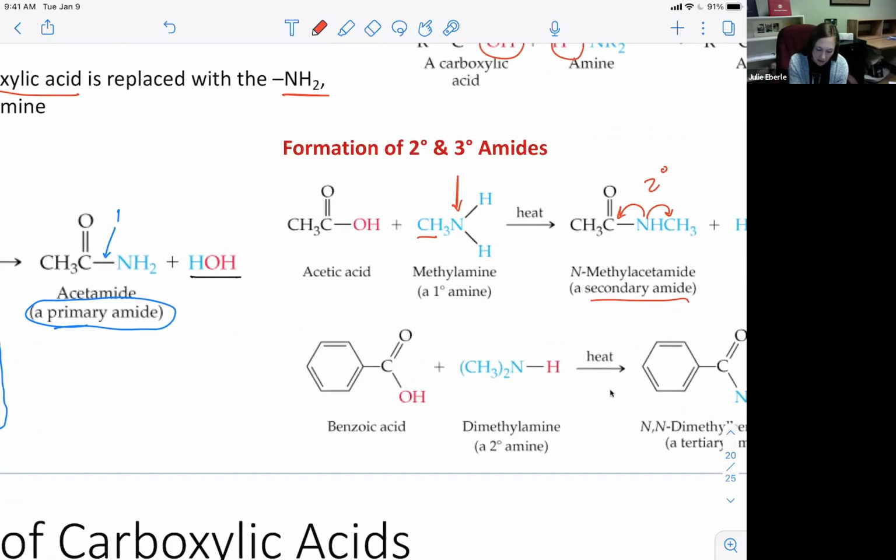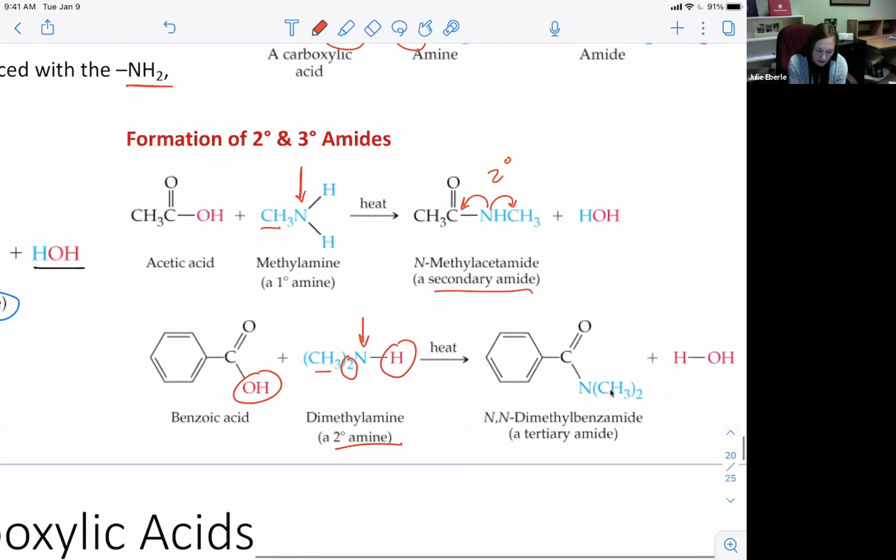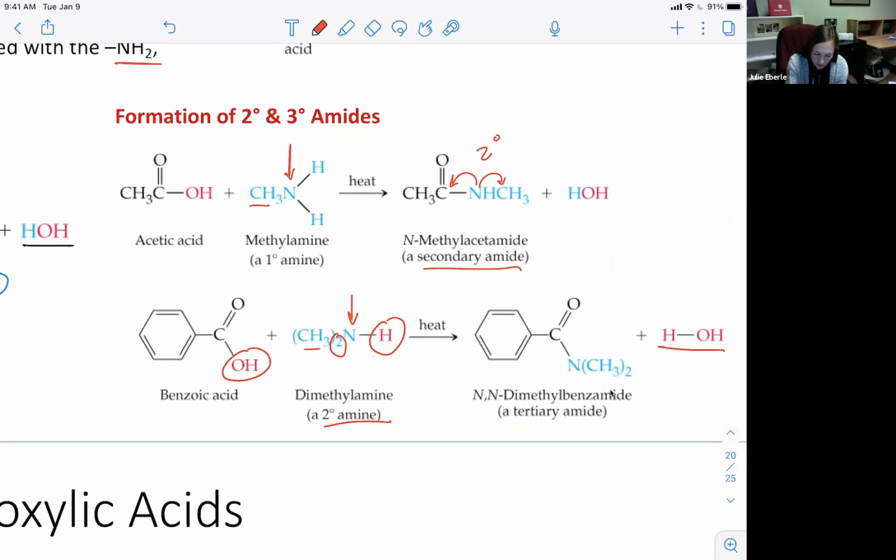If you start out with a secondary amine here, so this nitrogen is bonded to 2 methyl groups, and when we break off the H and the OH from the carboxylic acid, H from the amine, you make water. What you end up with, if we draw this out, is we've got this nitrogen bonded to 1 of those methyl groups.